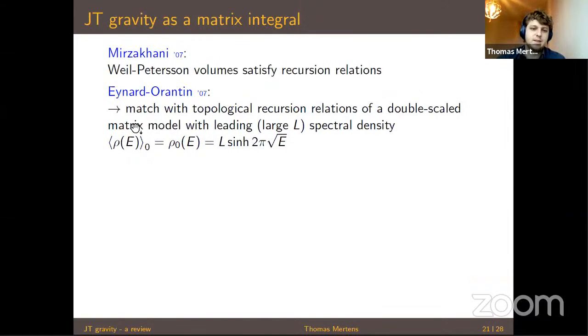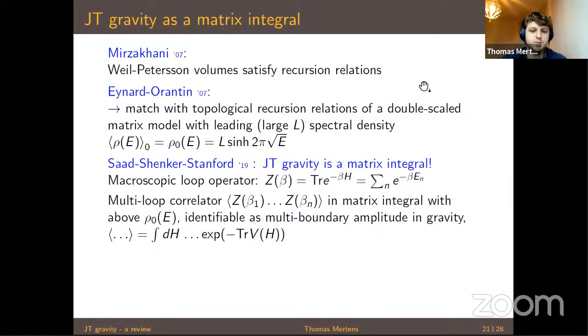And then in the same year, Eynard and Orantin showed that these recursion relations actually match the topological recursion relations of a double-scaled matrix model with the leading spectral density that is basically sinh of 2 pi square root of E. So this is the JT disk spectral density that we have here. There are objects in this double-scaled matrix model called topological recursion relations that match the recursion relations you have for the Weil-Petersson volumes.